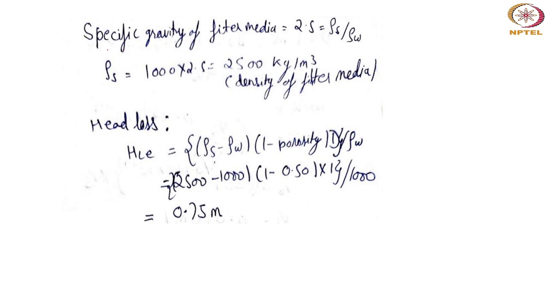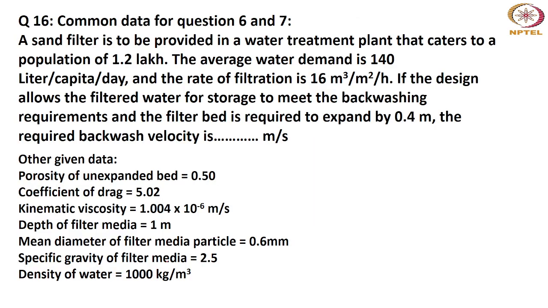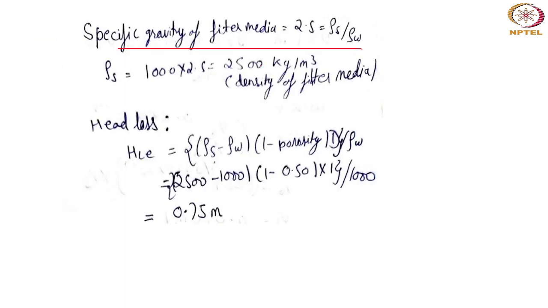So this is the given data. The specific gravity of the filter media was 2.5. So from there, we need to calculate the density rho s of the filter media, sand, and I can multiply 1000 into 2.5. All of you know that specific gravity of sand is the density of sand over the density of water, right?